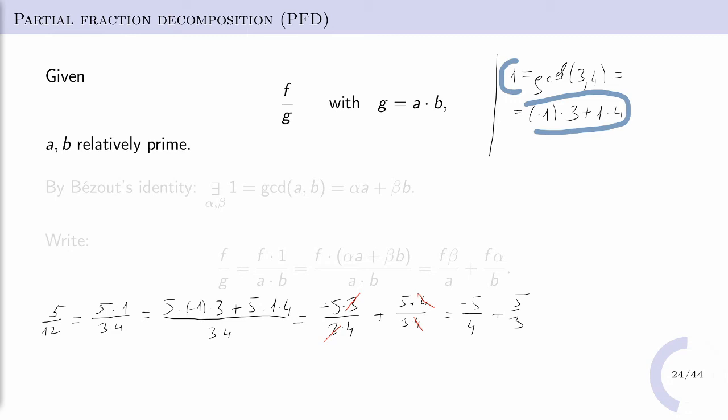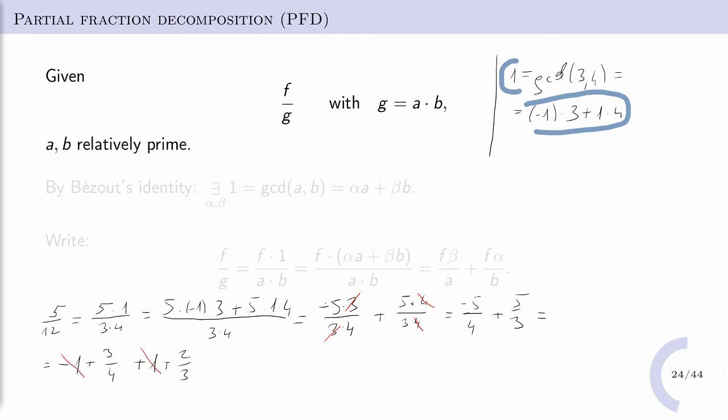However, these two fractions are not simple. The numerators have greater absolute values than the denominators. So we can write it as minus 1 plus 3 over 4, plus 1 plus 2 over 3. And observe that these two integral parts cancel.